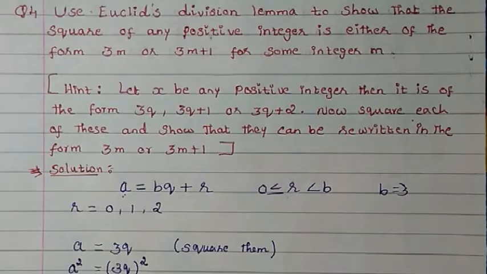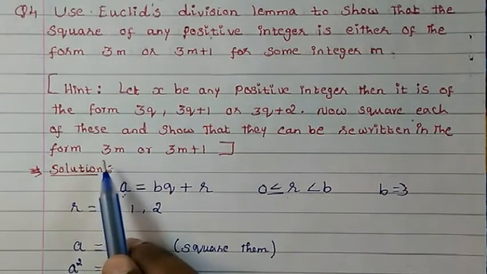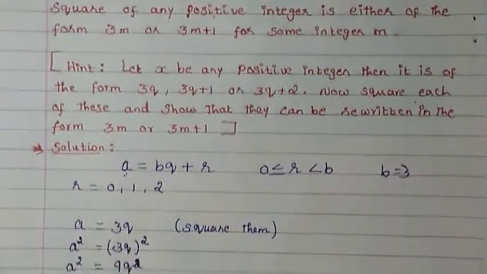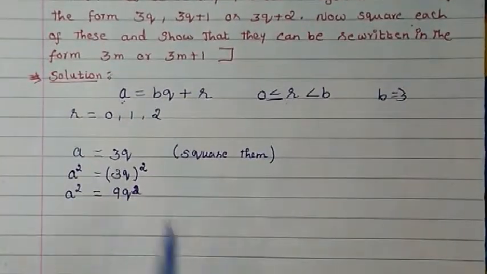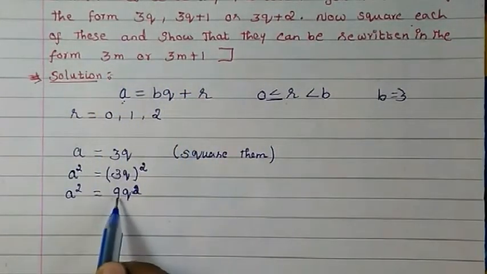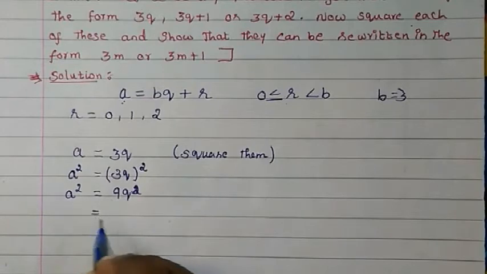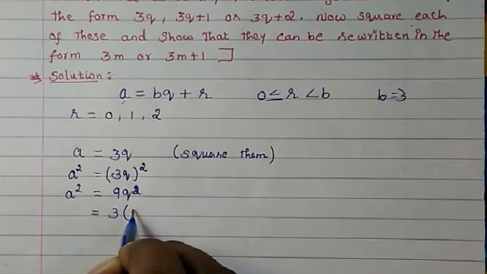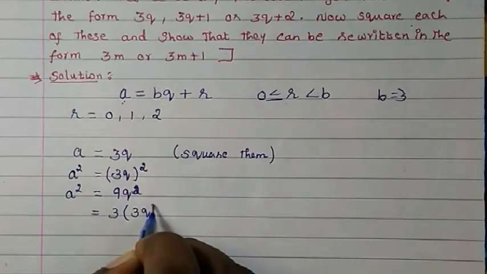So now what we have to do? We have to rewrite them in the form of either 3m or 3m plus 1. How to rewrite? Since 9 is divisible by 3, we can take 3 out as common and write it this way.